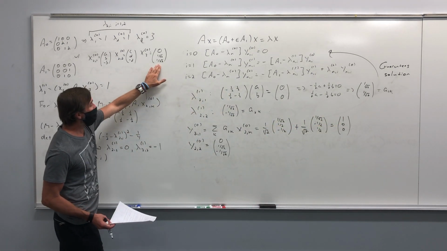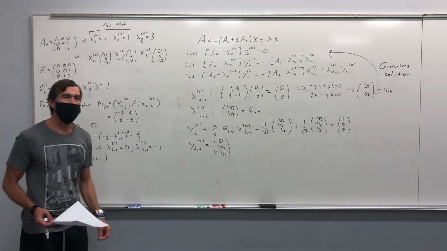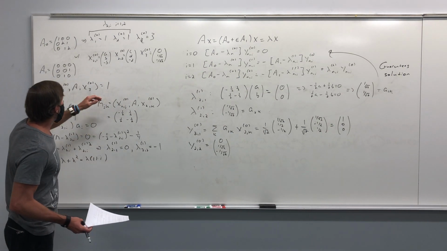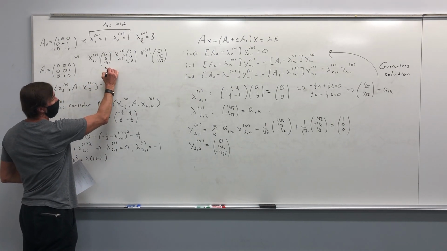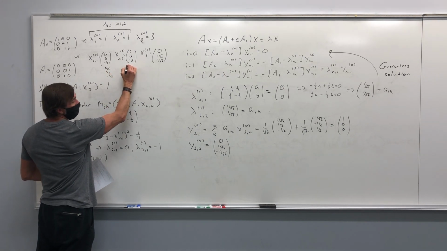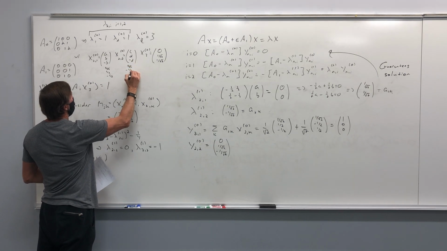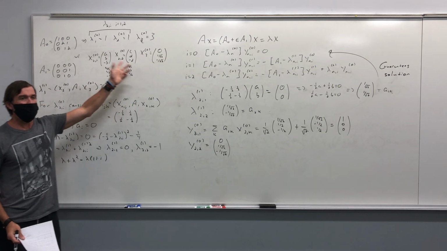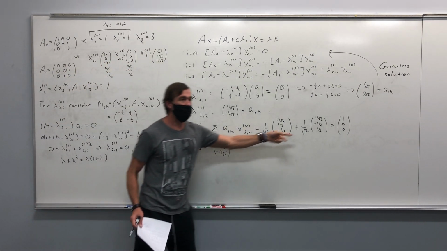But notice, this and this and this form an orthonormal set, as we expect. So I started with the choice 1 over root 2, 1 half, minus 1 half, and I also chose this to be 1 over root 2, minus 1 half, 1 half. These are all three orthonormal as well, but these two, it ends up, are not aligned with the corrections. These are.